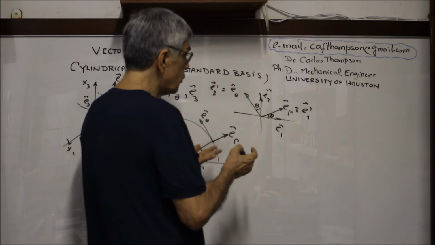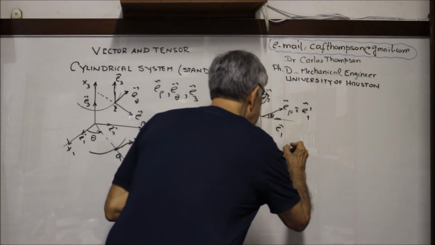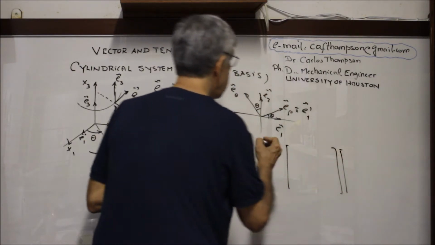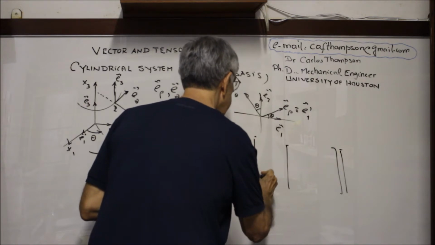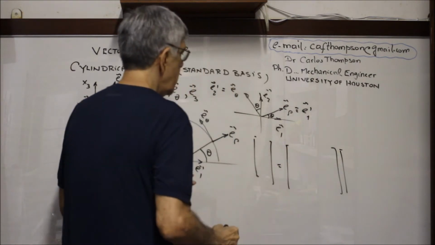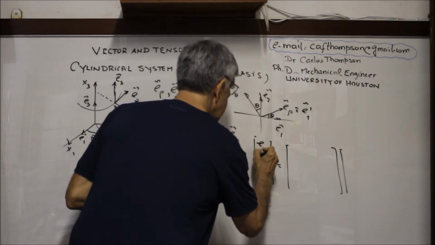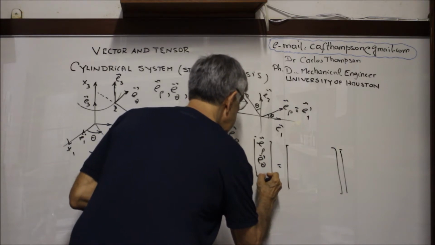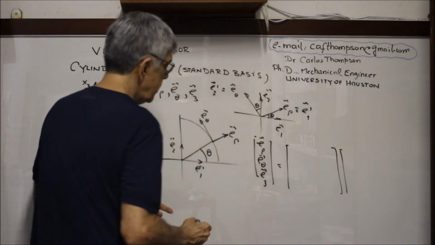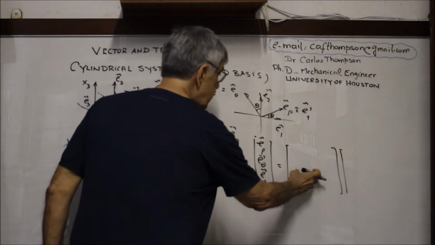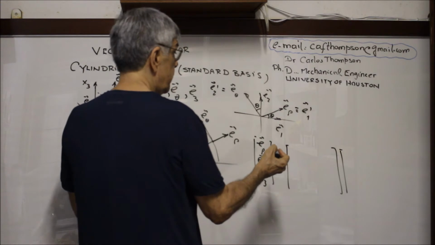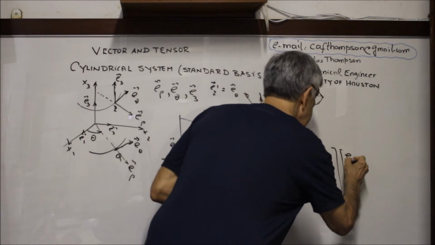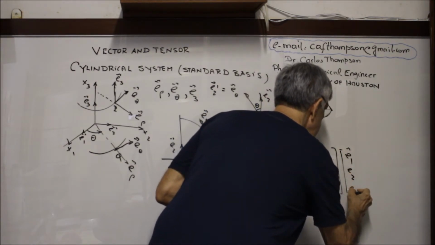And then you're going to write down the matrix which relates the vector here: I can write down E rho here, E theta here, and here I put E3. This is the matrix, and this is the unit vector in the Cartesian standard base, E1, E2, and E3.